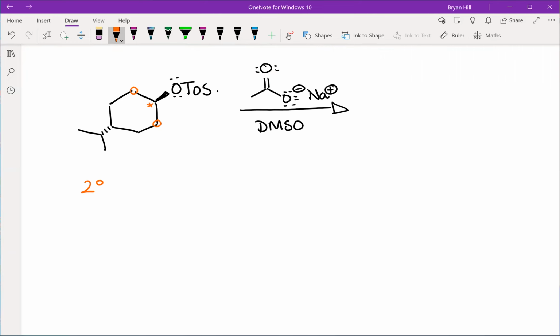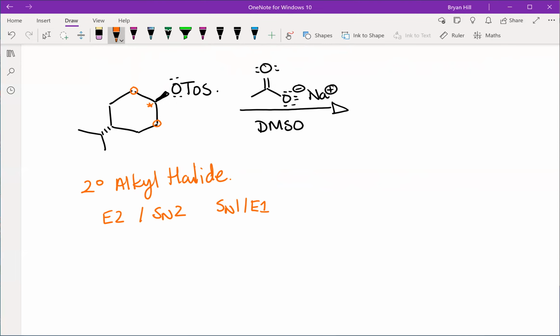So this is a secondary alkyl halide. So this can be E2 or SN2. Those will be the 2 most popular, the fastest ones. There is a possibility, I suppose, of SN1 and E1.